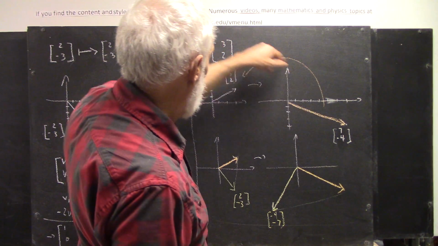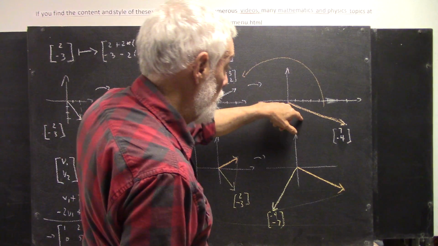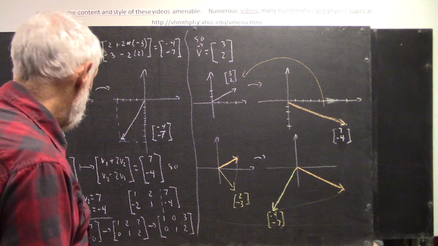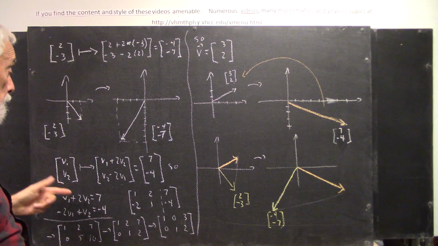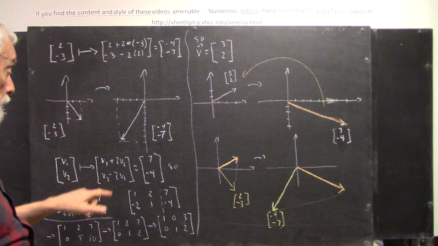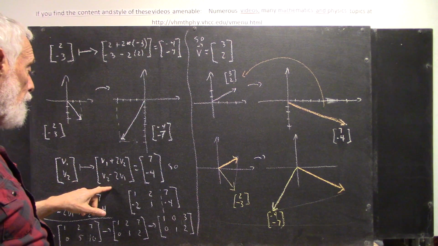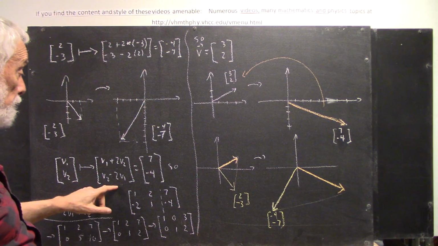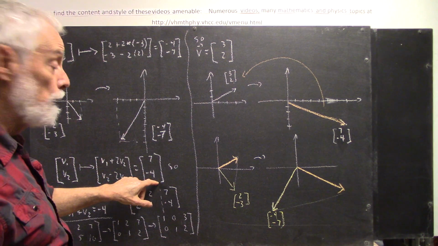So we have to look back to see what that vector might be. We have to go backwards. So how do we do that? Well, we say that v1, v2 maps onto v1 plus 2v2, v2 minus 2v1, which is our rule, and that the vector onto which the unknown vector v1, v2 is mapped is 7, -4.